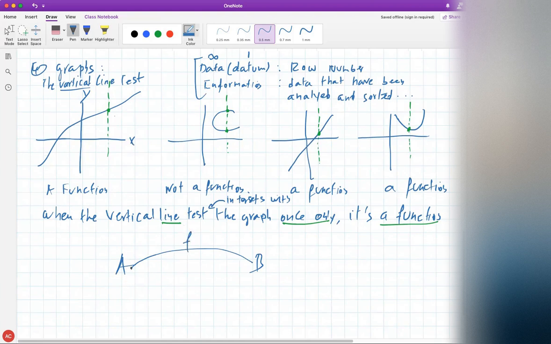Every time you're guaranteed that if you go from A to B, there is one way to get there, and it cannot be a different value. You can't, for example, one time go from A to B, another time from the same point you go to something else, for example, C. That doesn't make sense.